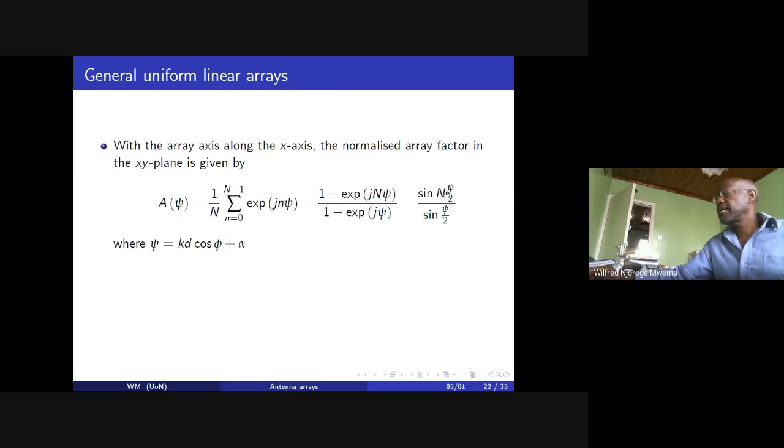That is, sine of n psi by 2 over sine of psi by 2, where psi is defined as before, that is kd multiplied by the cosine of phi plus the phase angle of the currents. And thus, we can get the magnitude of the array pattern: 1 over n, sine of n psi by 2 over sine of psi by 2, in magnitude.